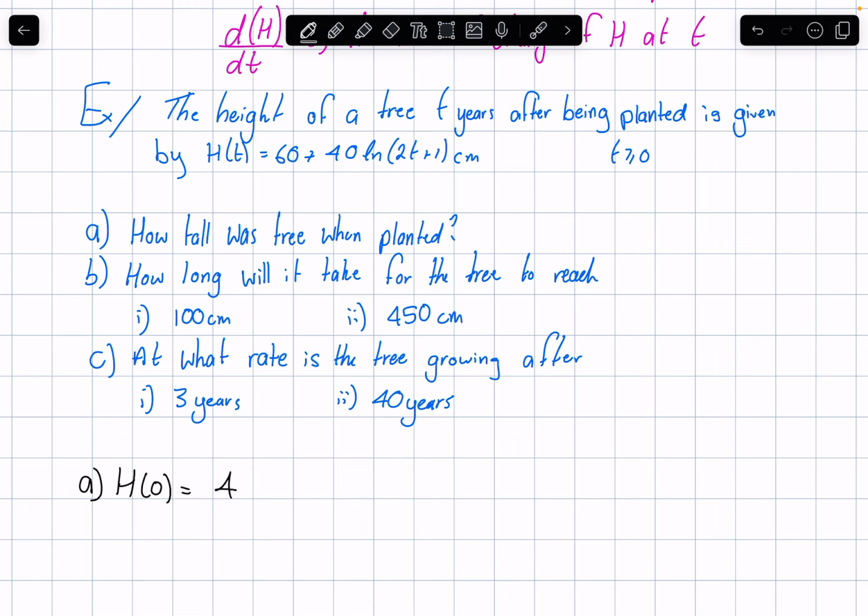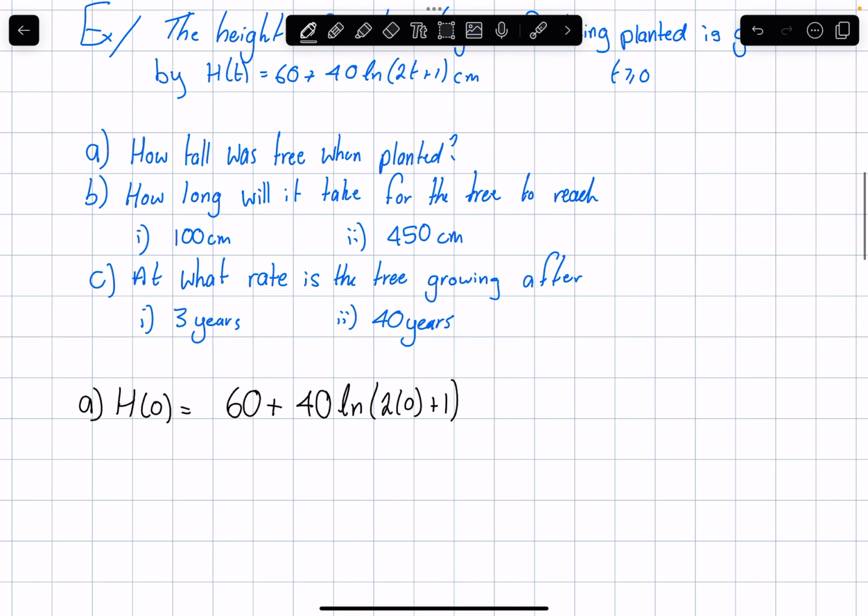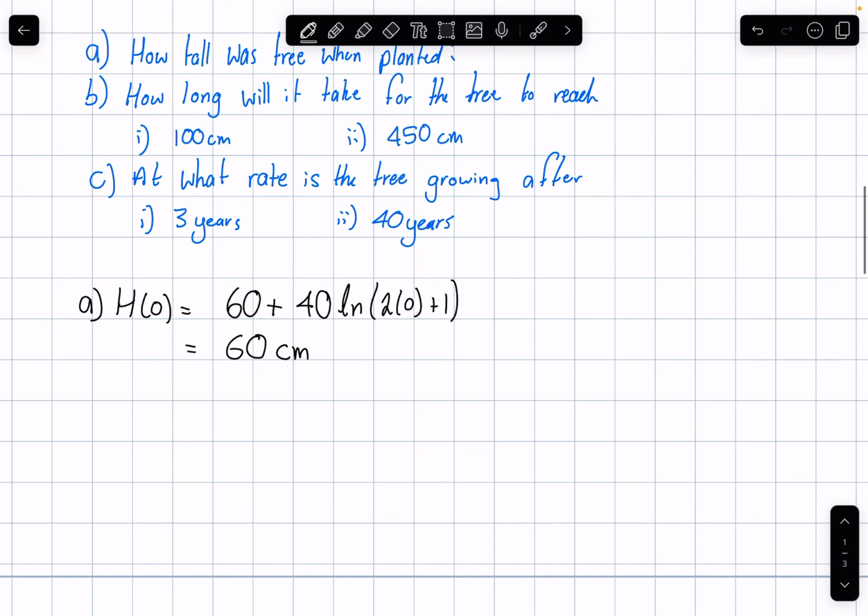Now let's put 0 in for t: 60 plus 40 ln(2 times 0 plus 1). Now, that 2 times 0 cancels out, so I've got the natural log of 1. That is equal to 0, so I'm just left with 60 centimeters. Now you can use your calculator and throw it in there.